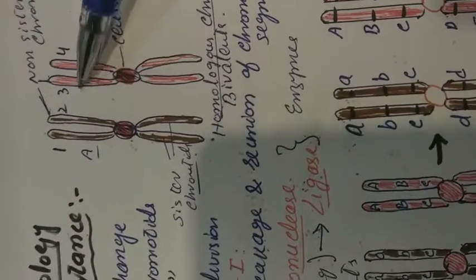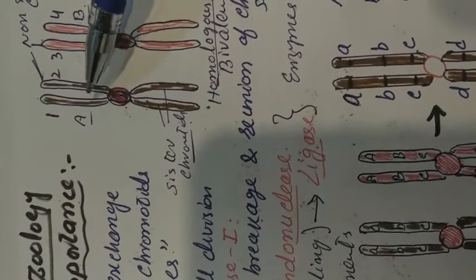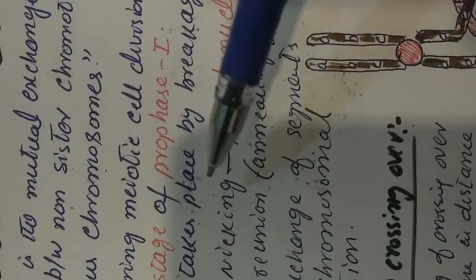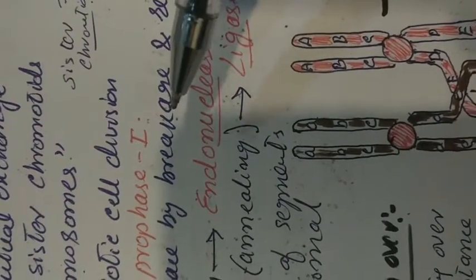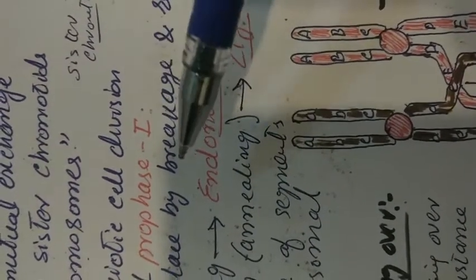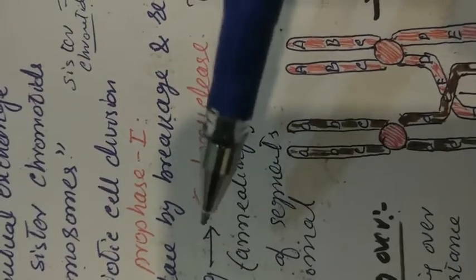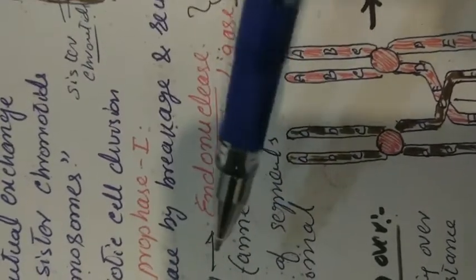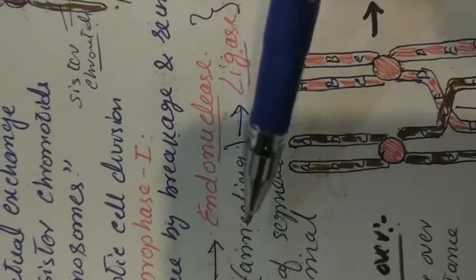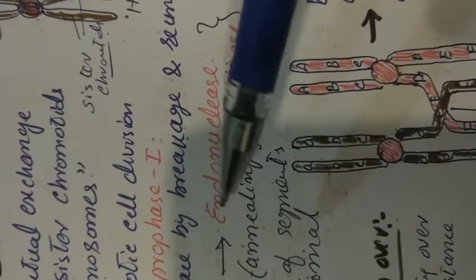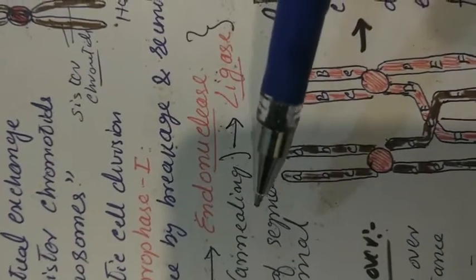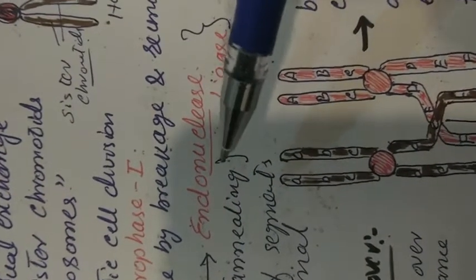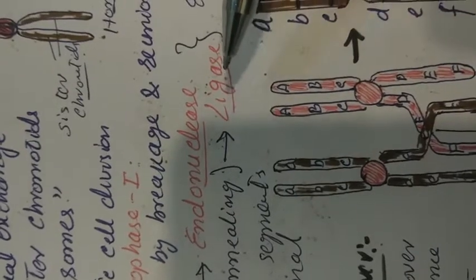Now, breaking of these segments, also known as nicking, actually occurs with the help of an enzyme known as endonuclease. And then these broken segments get healed up, or the reunion of these broken segments takes place, which is also known as annealing. And this annealing is done by another enzyme known as ligase.